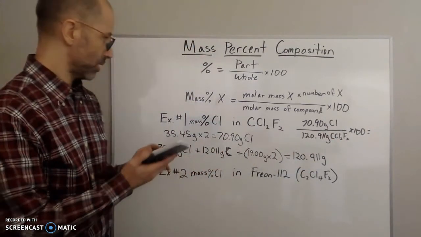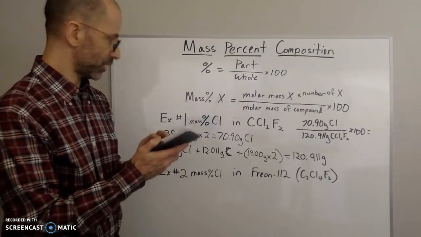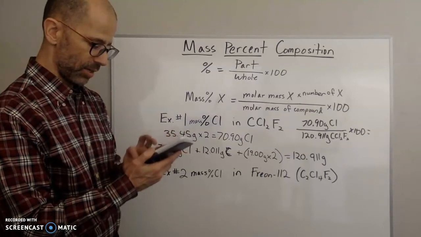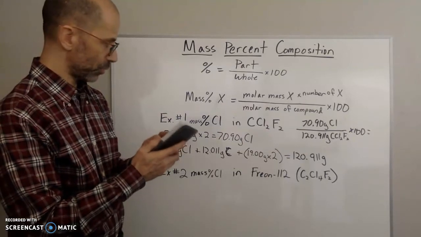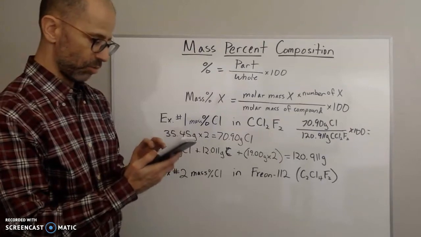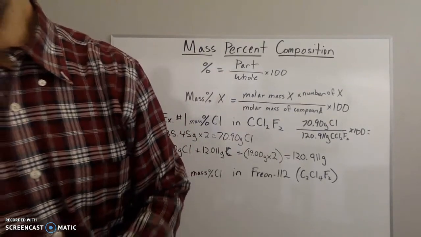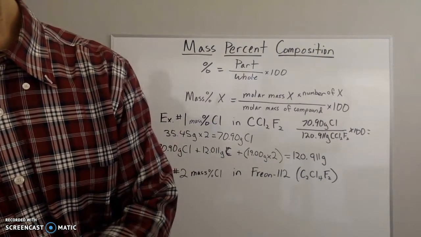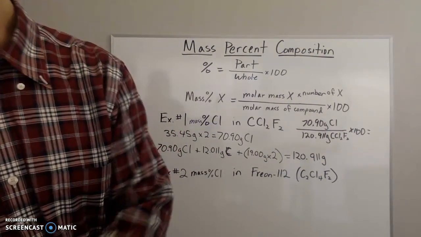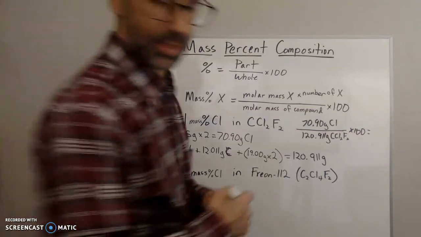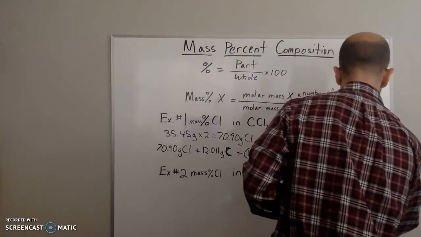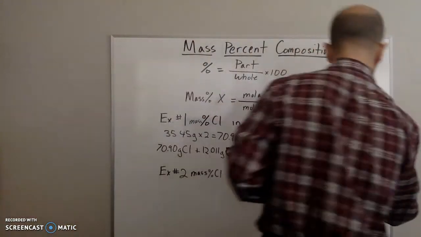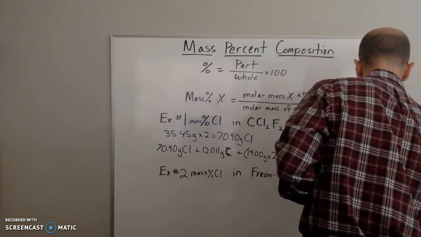So I take 70.90 divided by 120.911 equals, times 100 equals, and I got 58.638%.